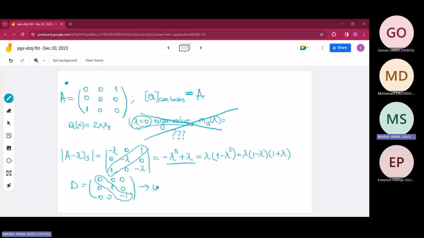So the canonical form of Q will be 1 x2 at power 2 and minus 1 x3 at power 2. Exactly. So it's not 0 for x2 prime, x3 prime, right?